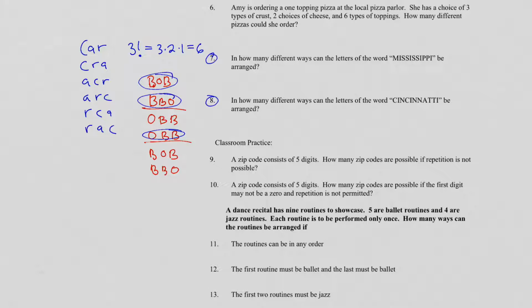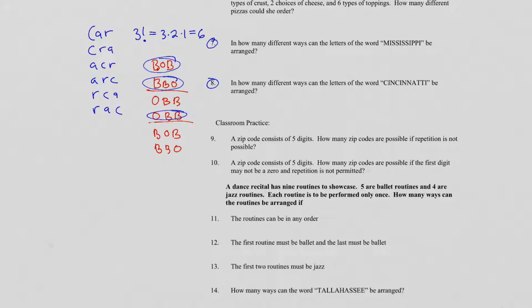So how do we get 3 mathematically? We have to do 3 factorial because there's 3 letters for Bob, but since B appears twice, there's 2 B's, I have to put 2 factorial there. So there's your 3 right there.